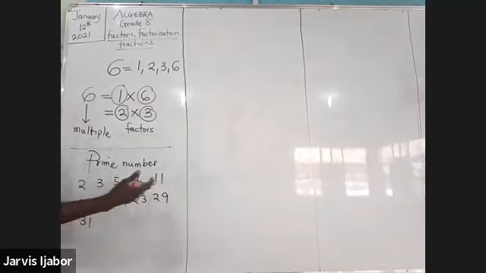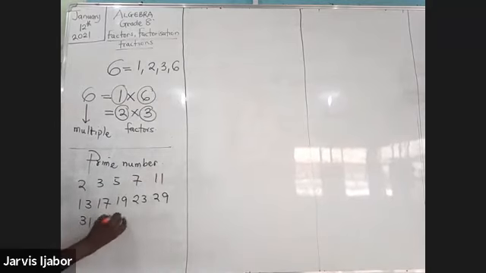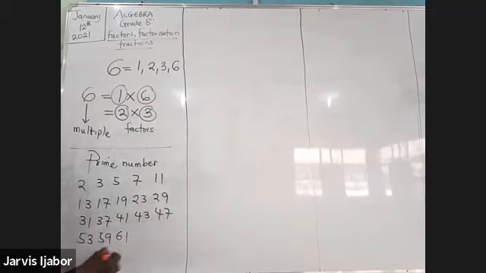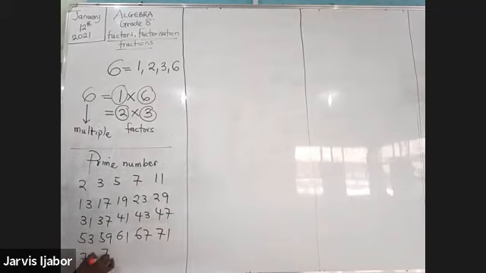I always like to use the 5-5 listing approach. It's really the best. You have 37, 41, 43. I don't know if I make a mistake. 47, 53, 59, 61, 67, 71, 73, 79, 83, 89, and 97.